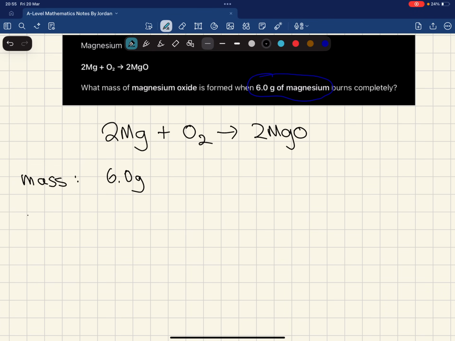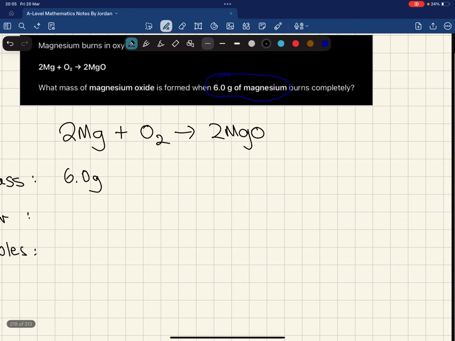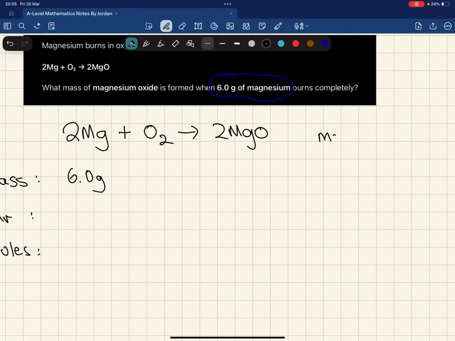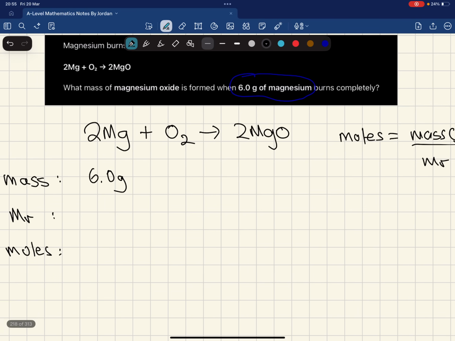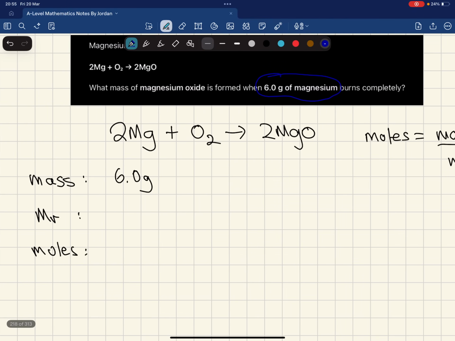The other two that I need to write are the MR and the moles, because the equation that links all this together is that the moles is equal to the mass in grams divided by the MR. The MRs, just so you know, come from the periodic table.